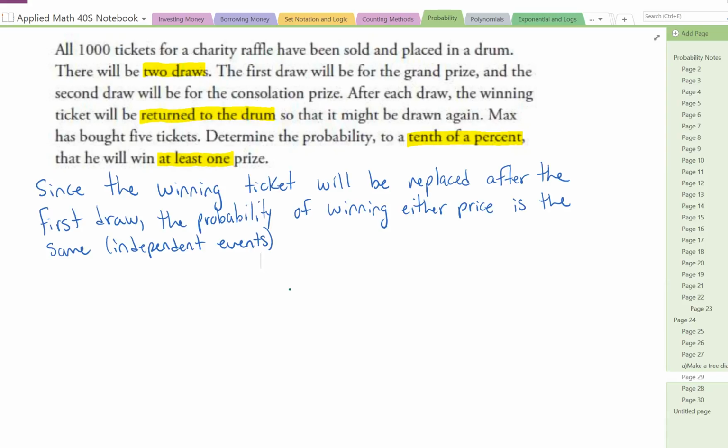Since the winning ticket will be replaced after the first draw, the probability of winning either prize is the same, the independent event. So just make a note of that, because that's the key piece for how you're going to do your math. So let's first figure out the probability of winning the first prize, and then the probability of winning the second prize, and then we'll get the at least one probability once we've figured that out.